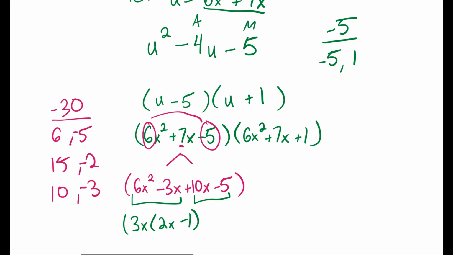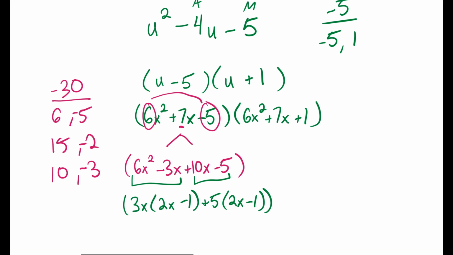And for those second two, I could pull out, let's say, a positive 5, so that I'm left with the same thing in the parentheses, 2x minus 1. So I can take out the 2x minus 1 from both of them, and rewrite my leftovers, 3x plus 5.